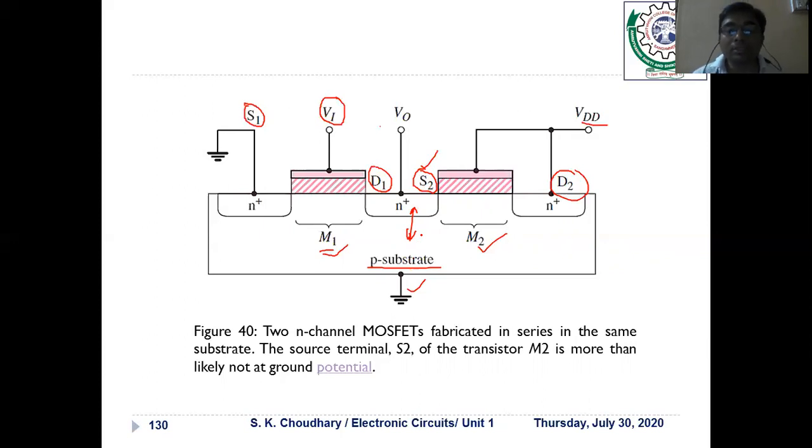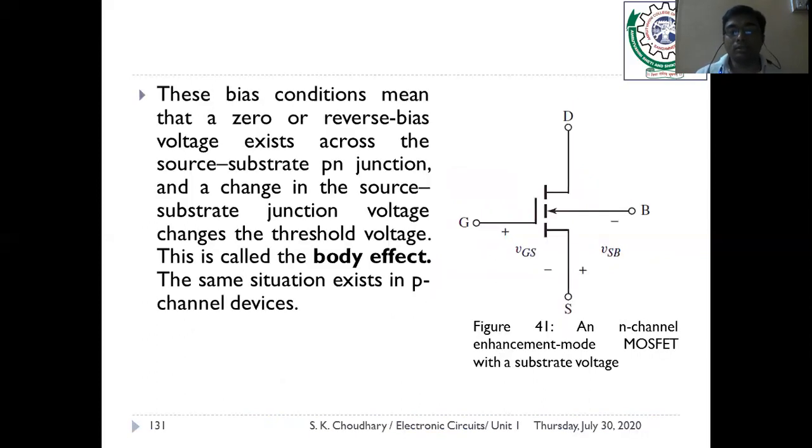Because of this reverse biasing, a small change in the source to body voltage causes some change in the threshold voltage. Because of that, the threshold voltage is a variable parameter, and this effect is called the body effect. It means the substrate plays a significant role in the operation of this MOSFET.